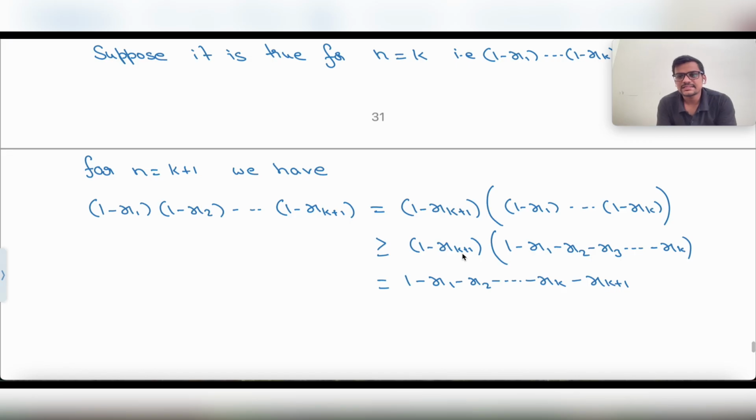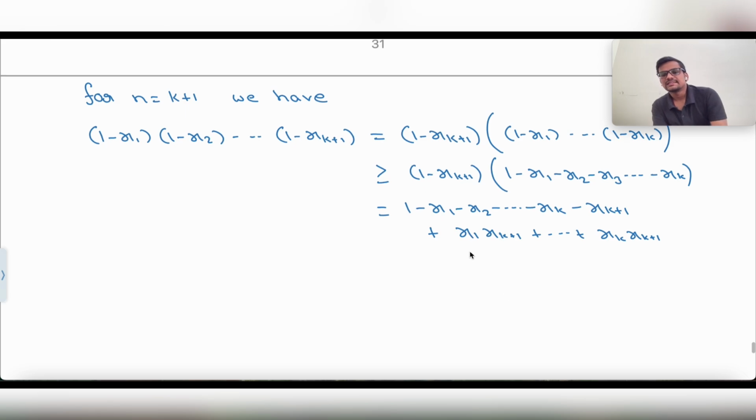After that, this minus xk plus 1 will multiply with each minus xi, which will give you plus x1 xk plus 1, right, up to xk xk plus 1.